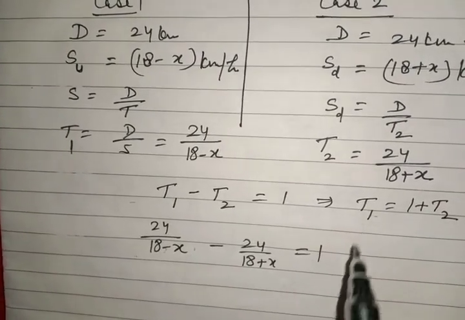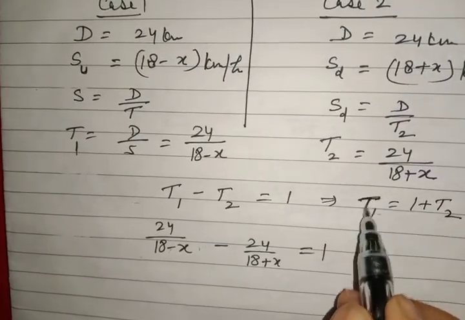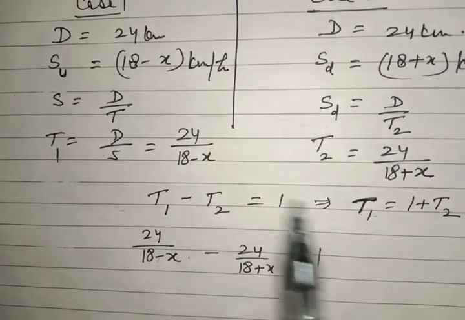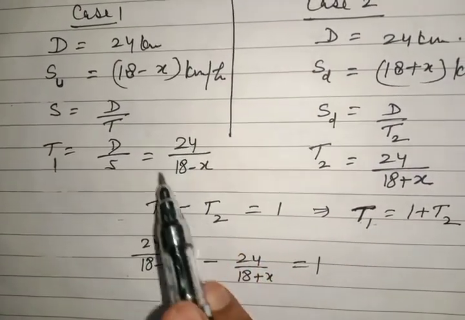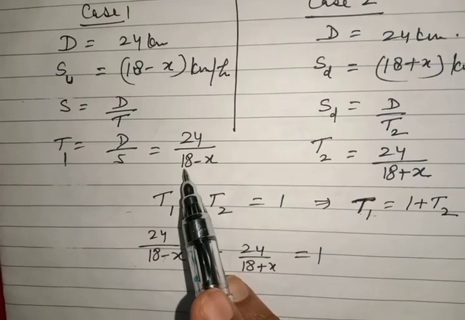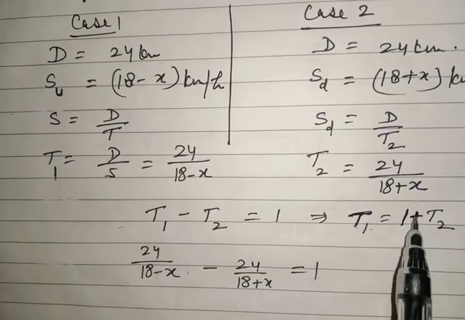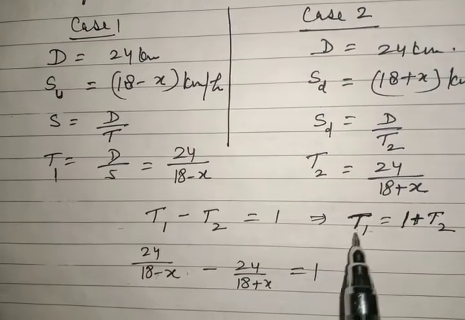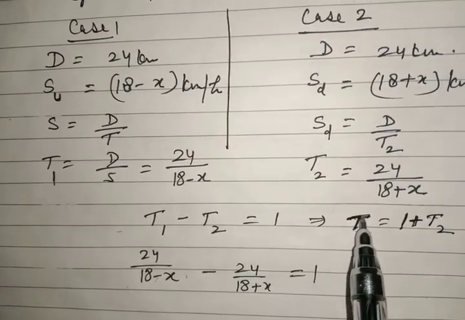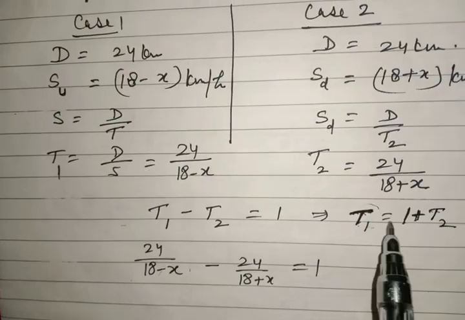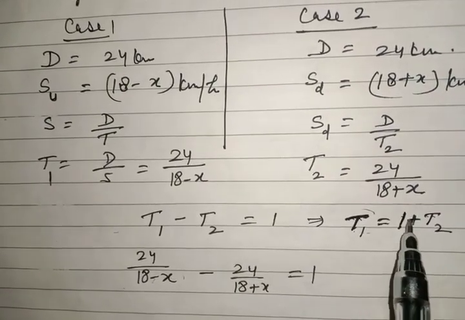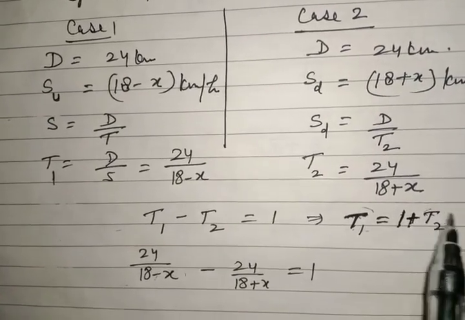T1 means the time taken by the boat while it is going upstream is one more than downstream. It is very easy to understand. Time taken by the boat upstream is one more than when it is going downstream.